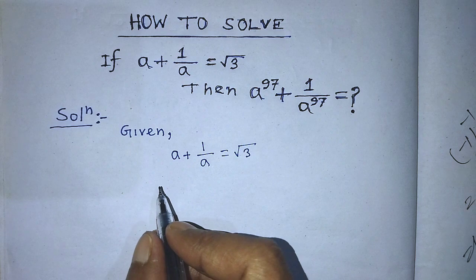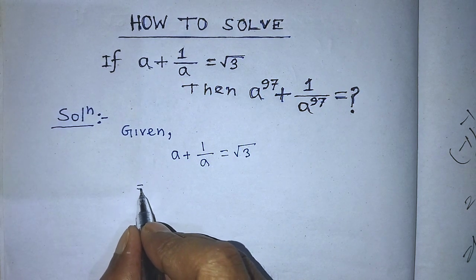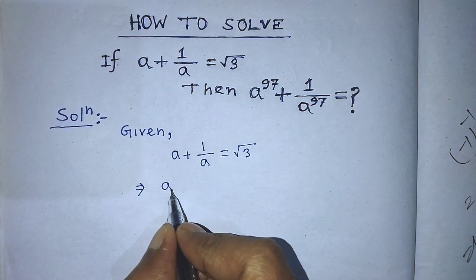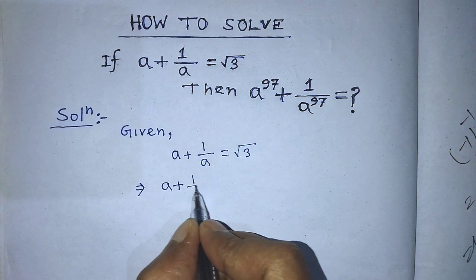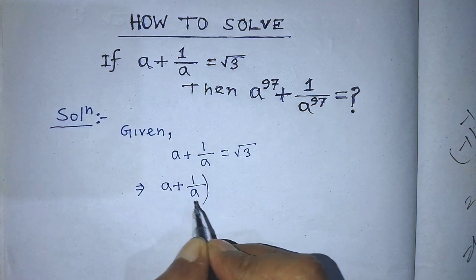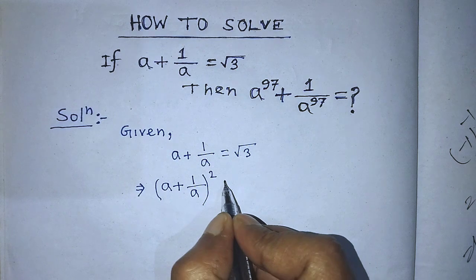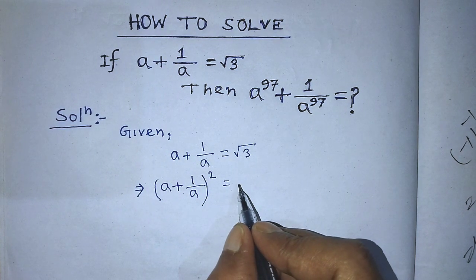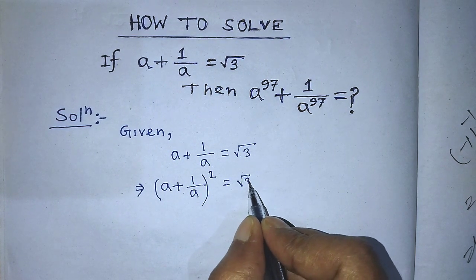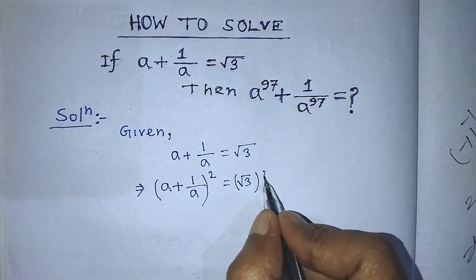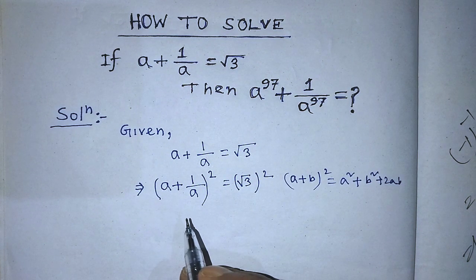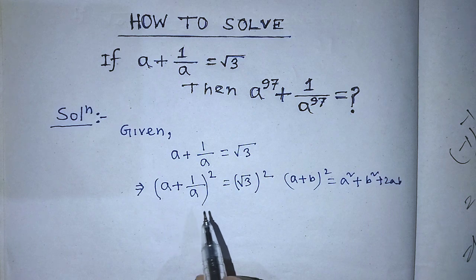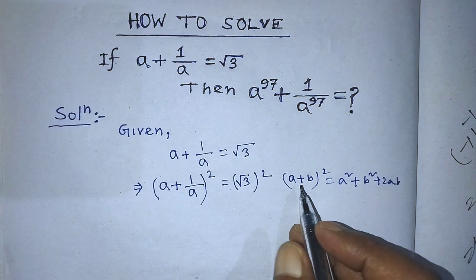On the left hand side we write a plus 1 over a whole to the power 2 is equal to, on the right hand side, root 3 whole to the power 2.